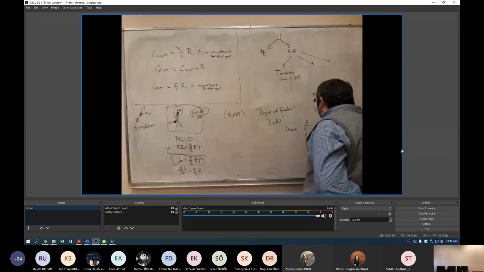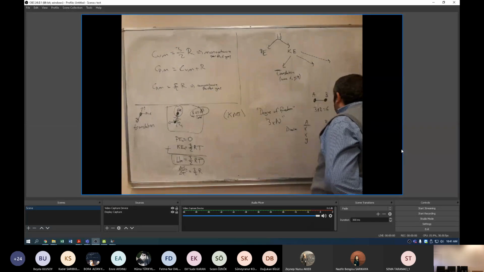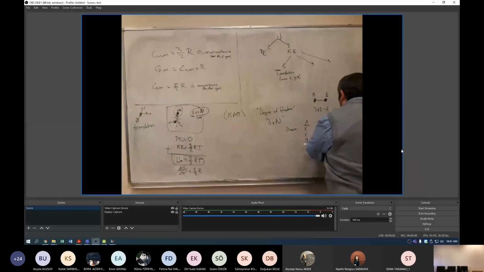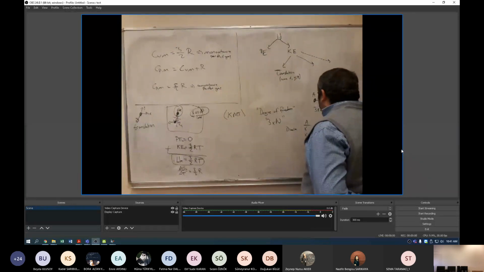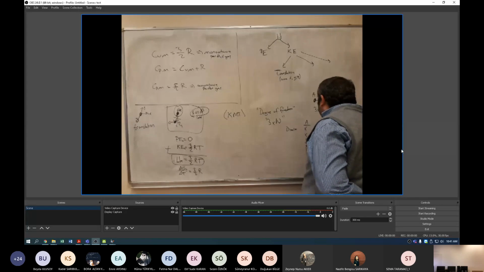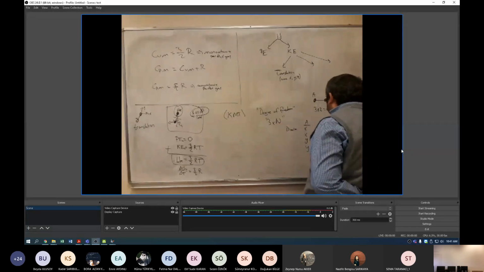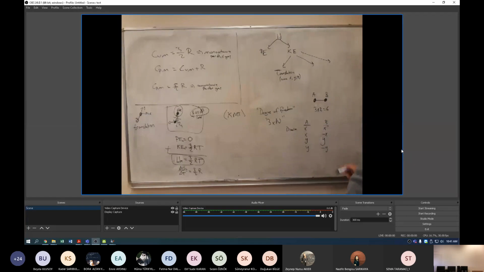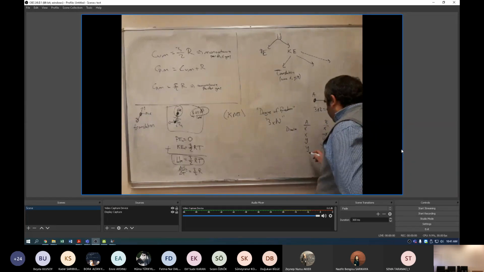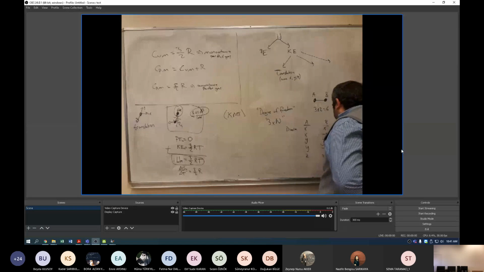A can go to Y direction, B can go to Y. A can go to Y direction, B can go to minus Y. Right? What else? A can go to Z direction, B can go to Z, and A can go to Z, B can go to minus Z.